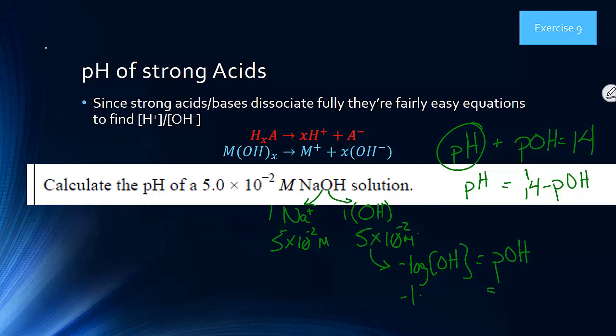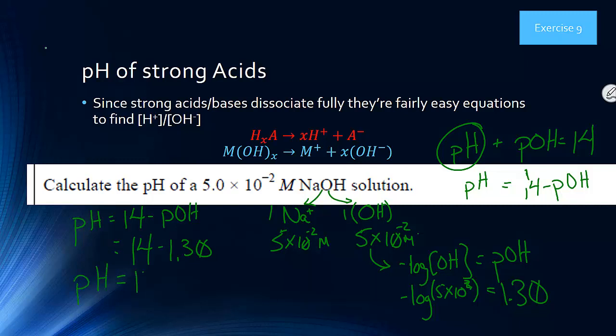So the negative log of 5 times 10 to the minus second gives me a pOH of 1.3. So 14 minus 1.3 will tell me the pH, which we come up with as 12.7.